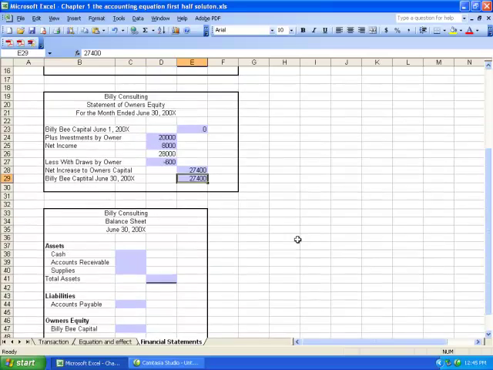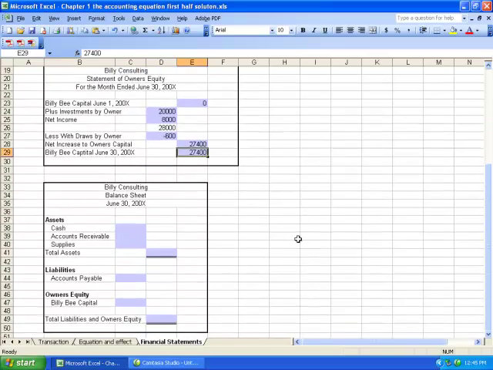And here we see our balance sheet. This balance sheet is in the report form, which means the assets are listed on top, then the liabilities below that, and the owner's equity yet below that. The other option is the account form, which shows the assets here, and then liabilities to the right, with owner's equity below that.